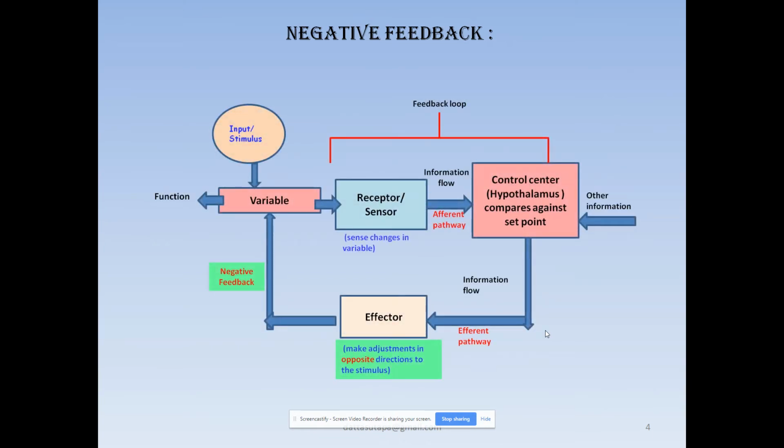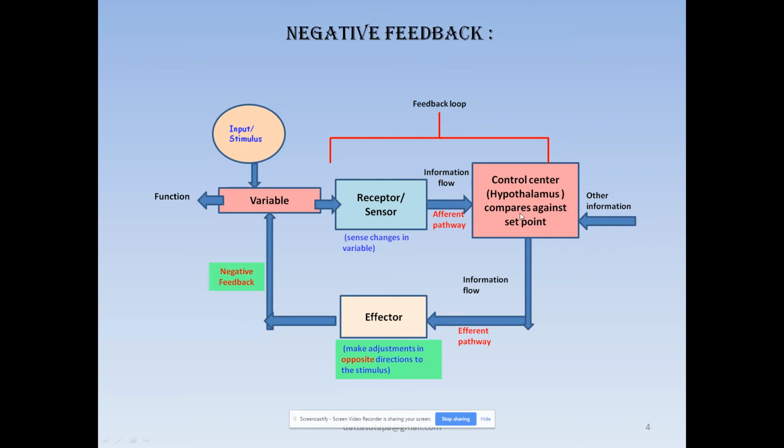Now, what happens in the case of negative feedback? These are the several components. This is the input or stimulus which influences the internal variable. The change in the internal variable is perceived by the receptors or sensors, and this signal is then transmitted from the receptor to the control system for further analysis.